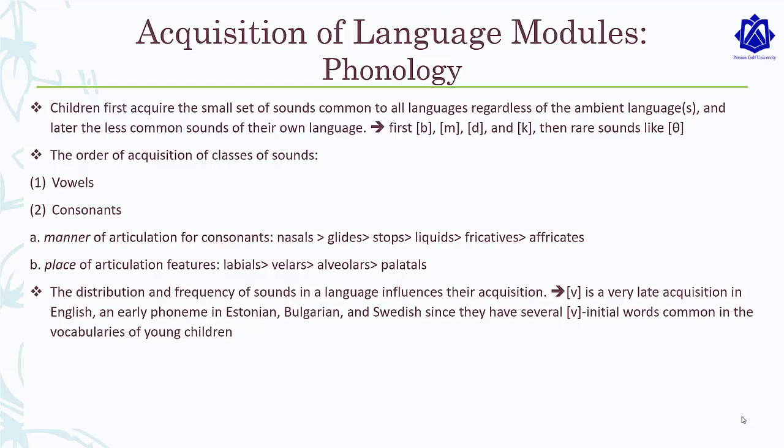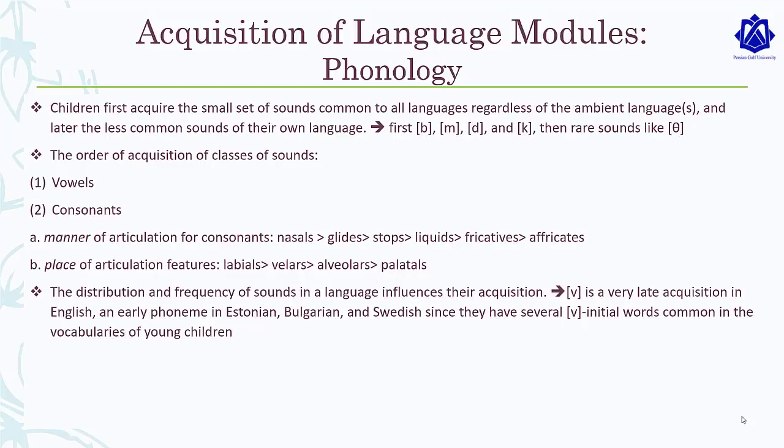And also frequency. Frequency means the number of times a sound occurs in a language. Like how many words have that sound in the language. If many words have a certain sound, then that would be learned first. And it's important that those words would be frequent and they would be among those words that children would learn first.